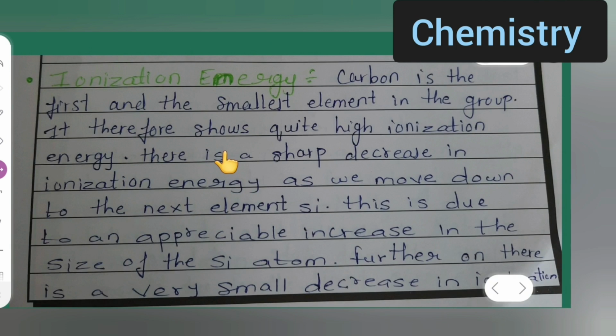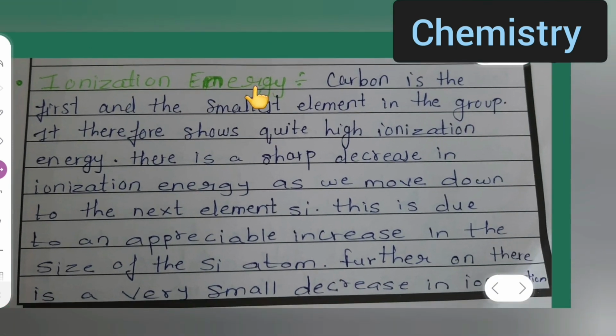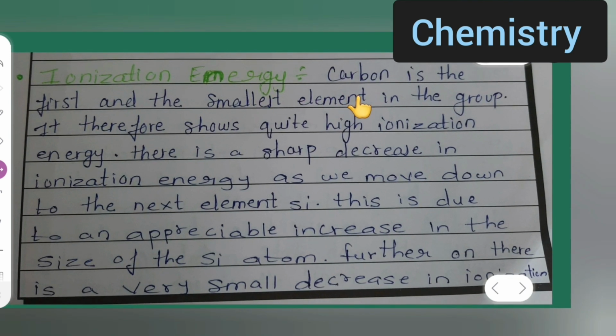Now ionization energy. Carbon is the first and the smallest element in the group. It therefore shows quite high ionization energy. There is a sharp decrease in ionization energy as we move down to the next element, silicon.